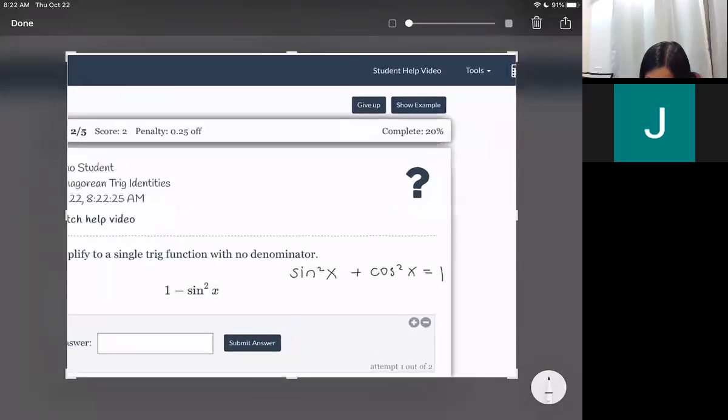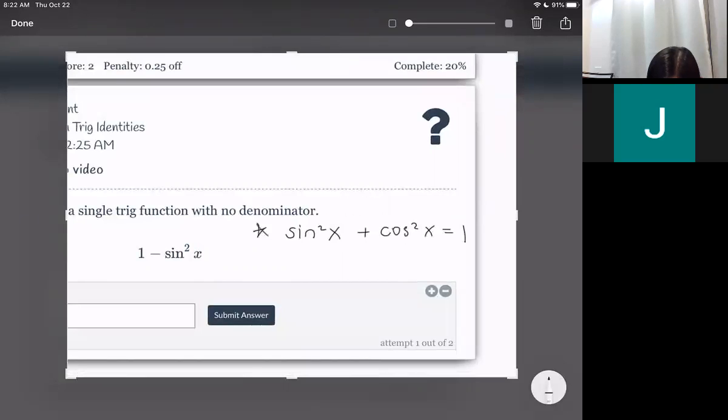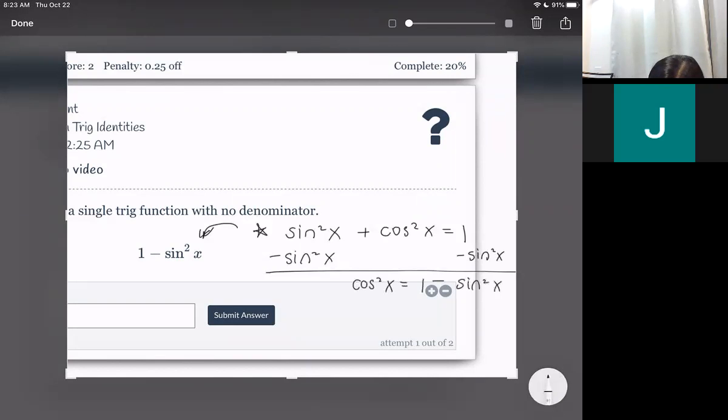Okay, and then you're like, how do I make this thing turn into that thing? Well, I need to have 1 minus sine squared, so I'm going to subtract sine squared on both sides. Then I will get cosine squared x is equal to 1 minus sine squared x. And finally, that means we have made this piece look just like this piece.